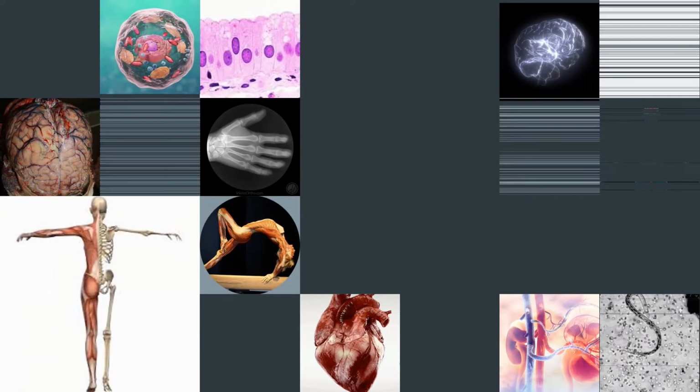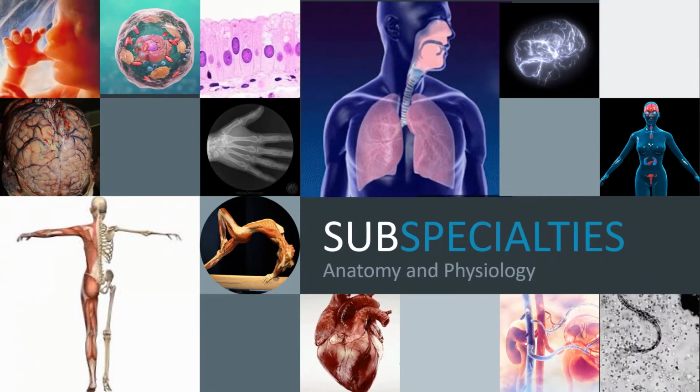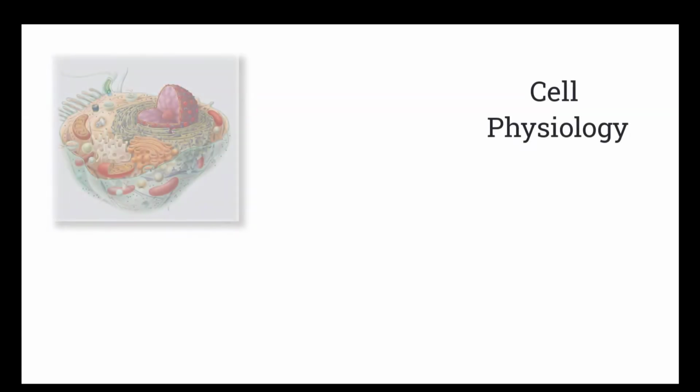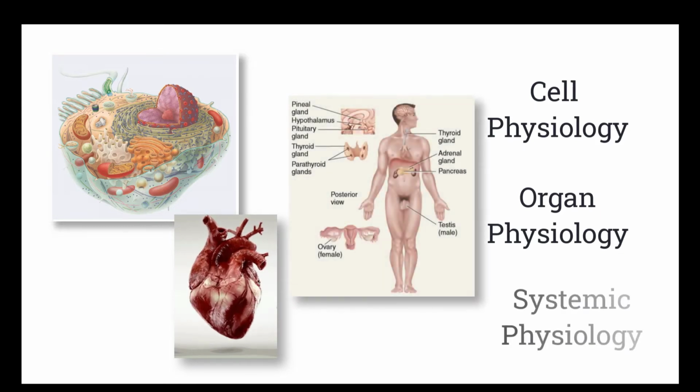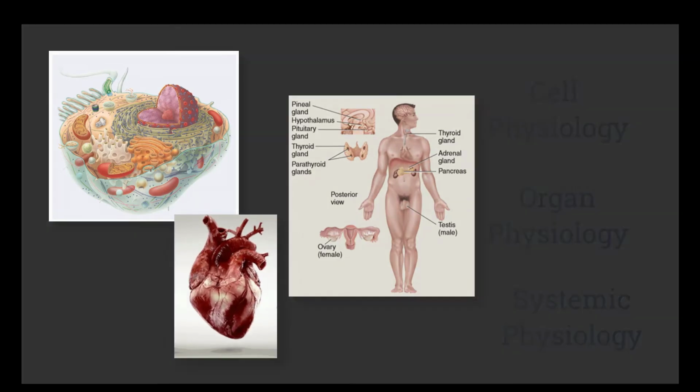Physiology can also be divided into subspecialties. So, under physiology, we have cell physiology, which is the study of the individual functions of cells. Organ physiology is when we are studying the function of the whole organ, and systemic physiology is looking at the function of the whole organ system.